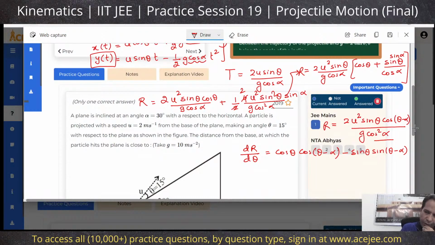We say this should be equal to 0. So what is this? Cos of 2 theta minus alpha is equal to 0. That is, 2 theta minus alpha is equal to pi by 2.